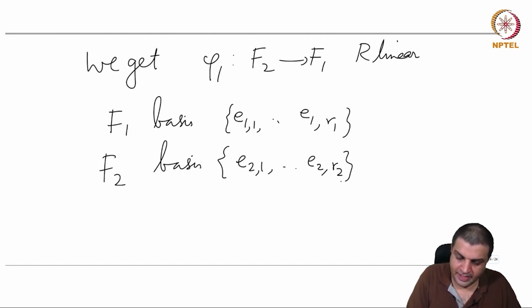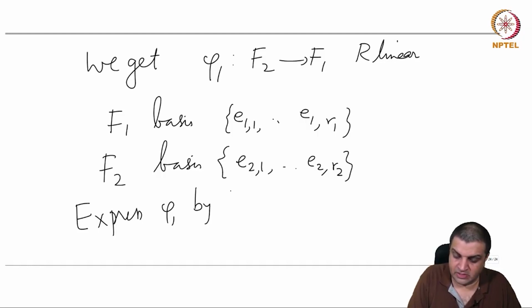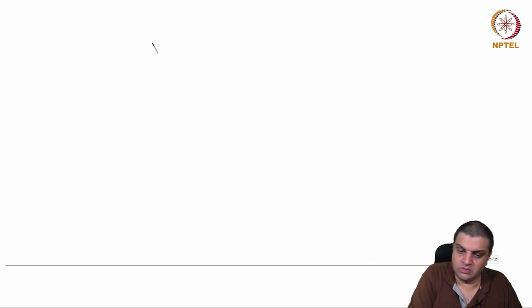Now we can express psi1 by a matrix, the same way we do for vector spaces, let's call it Aij.